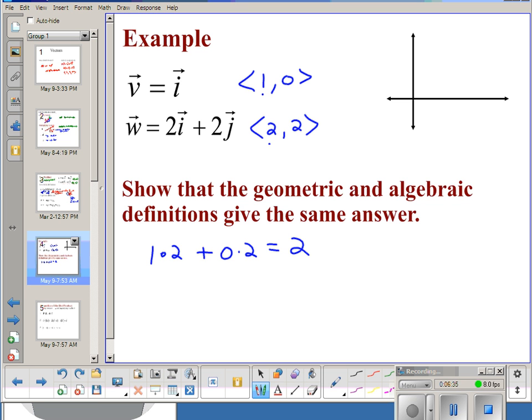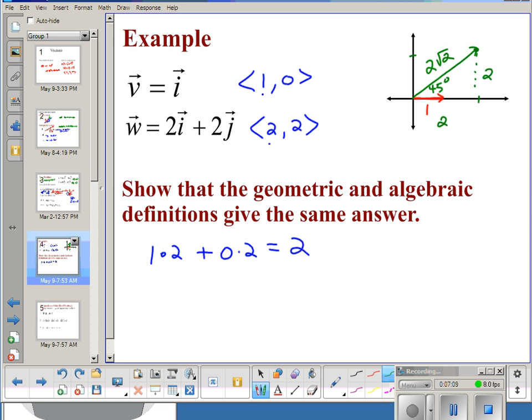Now, geometrically, I can represent my v vector. It's 1 unit long and in the positive x direction. And then my w is going like 2 and 2 right there. And hopefully you recognize that if this is 2 and this is 2, then this angle must be 45 degrees, and our hypotenuse is 2 root 2. You could also use Pythagorean theorem and get root 8.